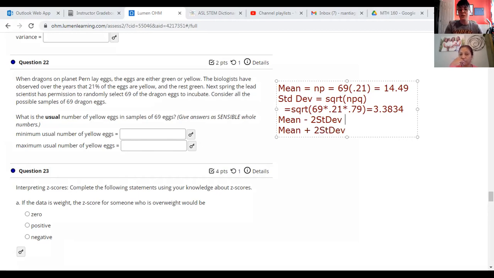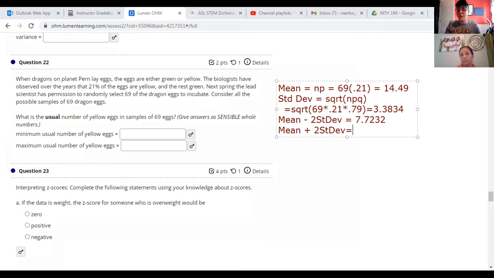Now, the important part to note here is that it wants you to give your answers as sensible whole numbers. So the first thing we'll do is figure out what that range is, and then we'll decide where to go from there. So our mean is 14.49, and we are going to subtract twice the standard deviation, which is 3.3834. When we punch this in, we find that the lower bound is 7.7232.